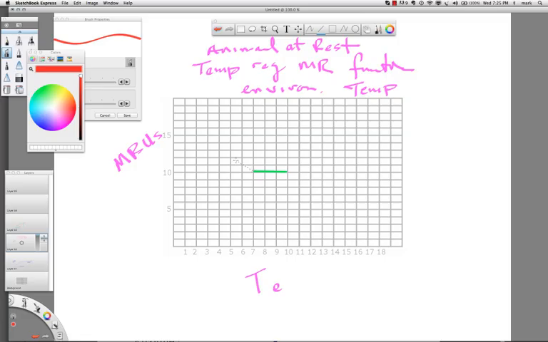So the metabolic rate has to go up to supply the energy being spent by this animal to stay warm. When this animal is at temperatures above its thermoneutral range, it has to spend some calories to stay cool. Okay, this is the heating cost, this is the cooling cost, this is the thermoneutral range.